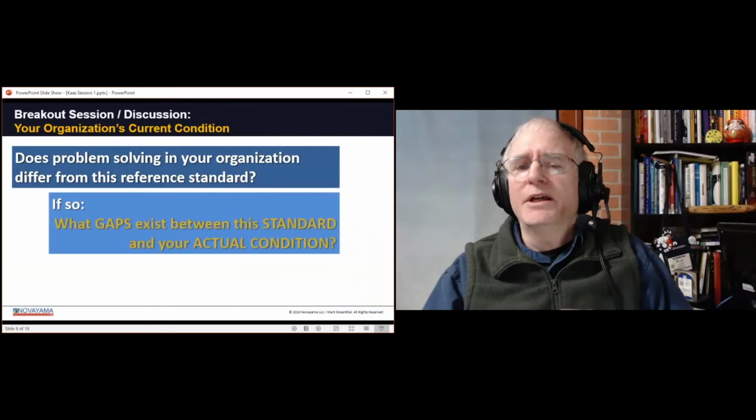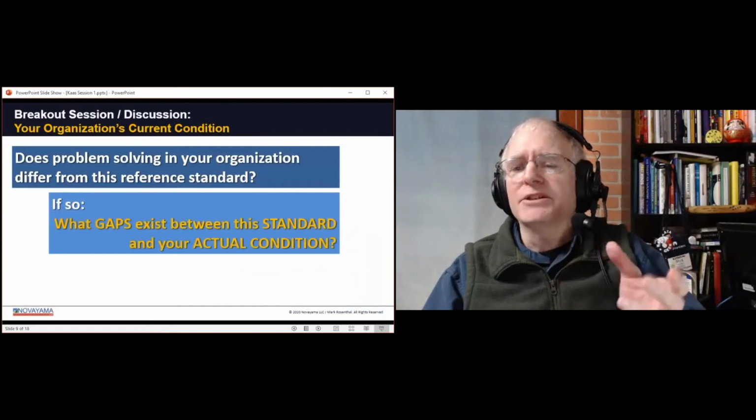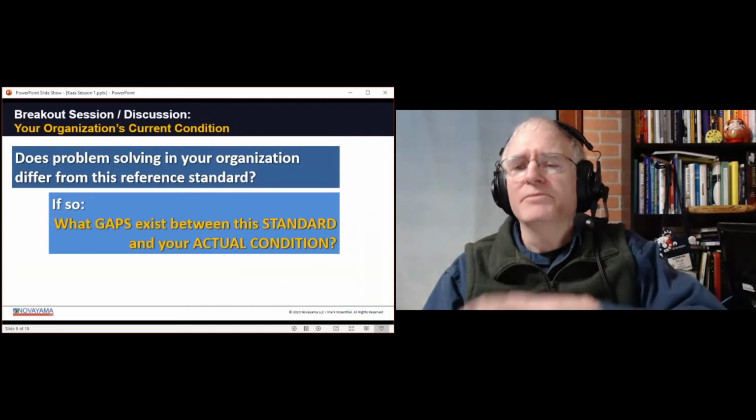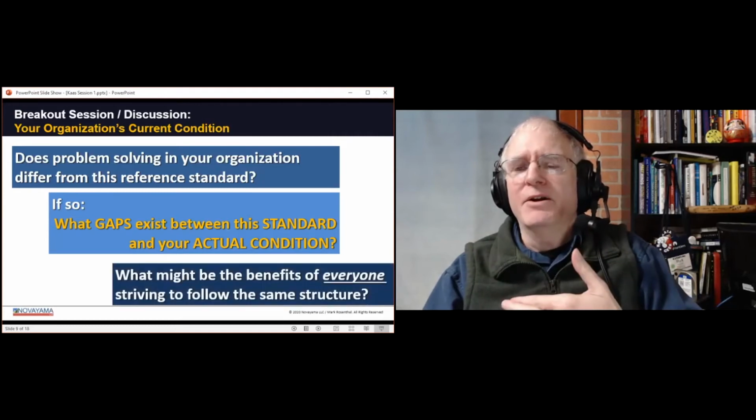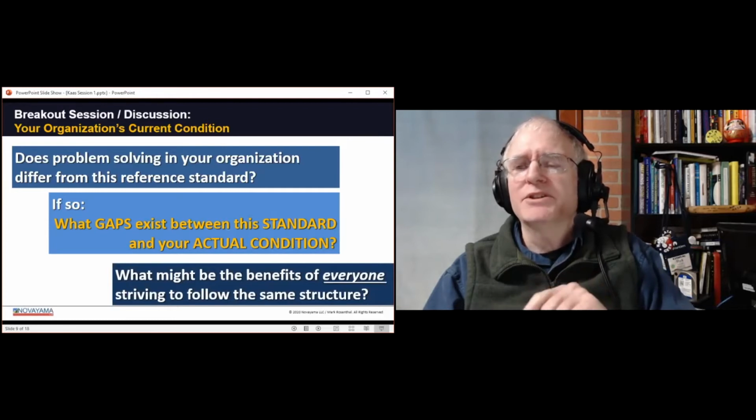What gaps exist in the way your organization goes about problem solving versus the standard? So what gaps exist between this standard and your actual condition? And as you can see, we're already starting to incorporate some of the language here. And what might be the benefits of everyone in the organization striving to follow the same structure?